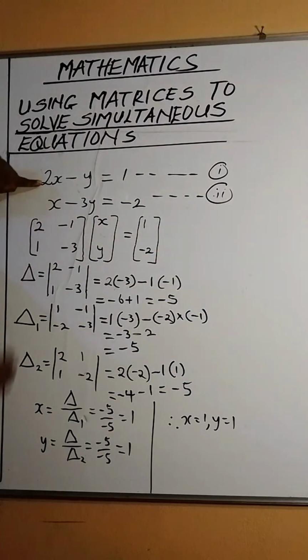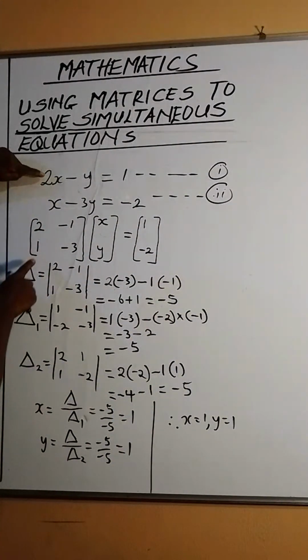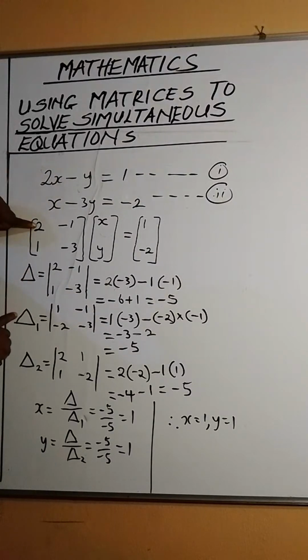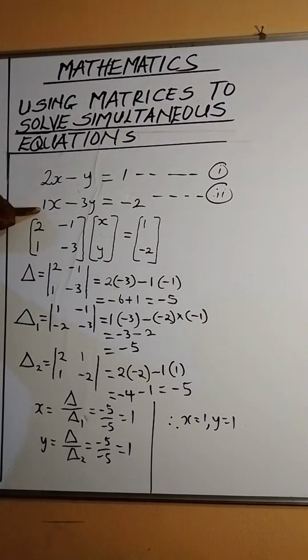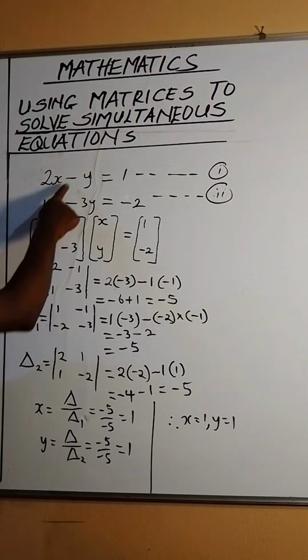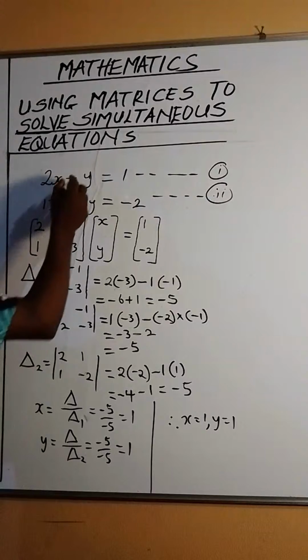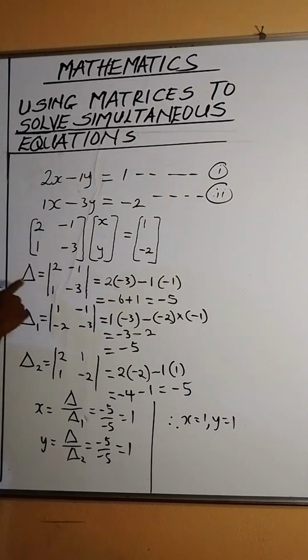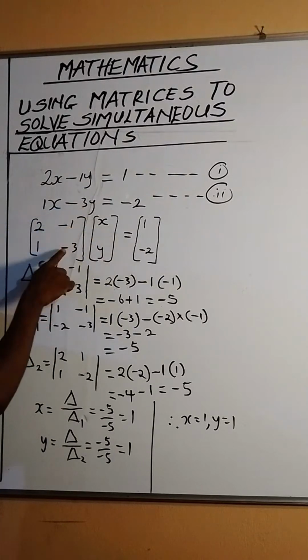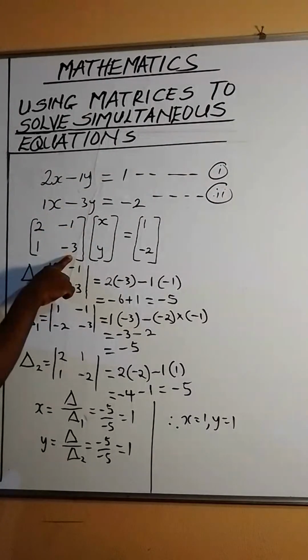So what you do here, we extract the coefficients. The coefficient here is 2, so we'll have 2 here. Here it is 1, but we usually do not write the coefficient 1, so we have to bring it here to show that it exists. Then here we have minus 1, and here we have minus 3, so that is the minus 3 we wrote here.